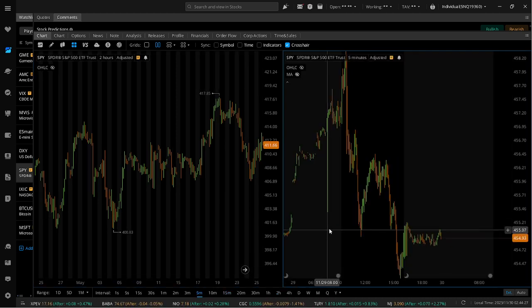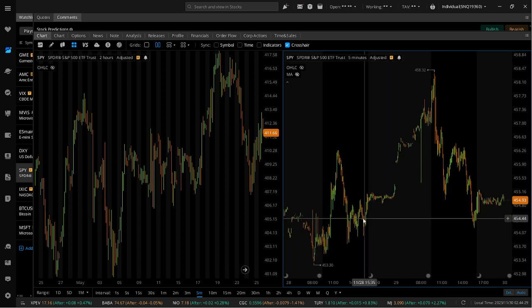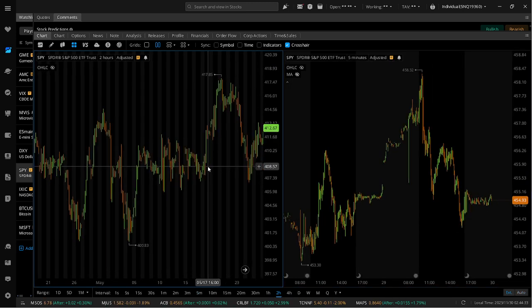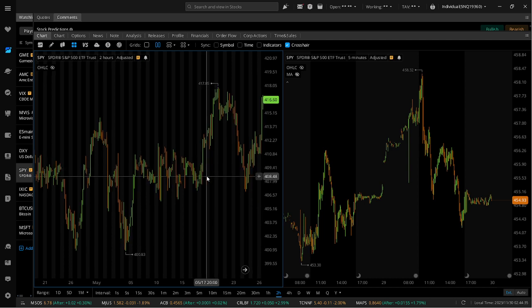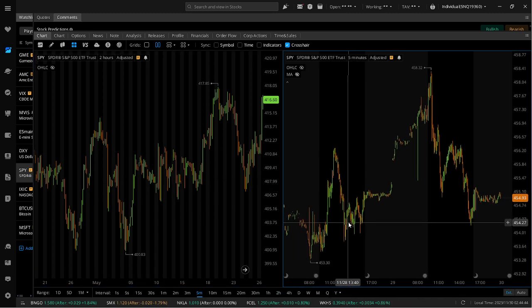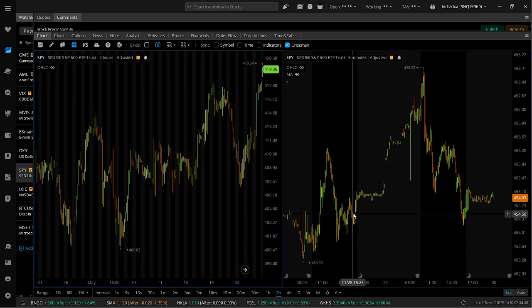And if I zoom in a little bit more, you might be able to see. The behaviors here are extremely similar in my opinion.